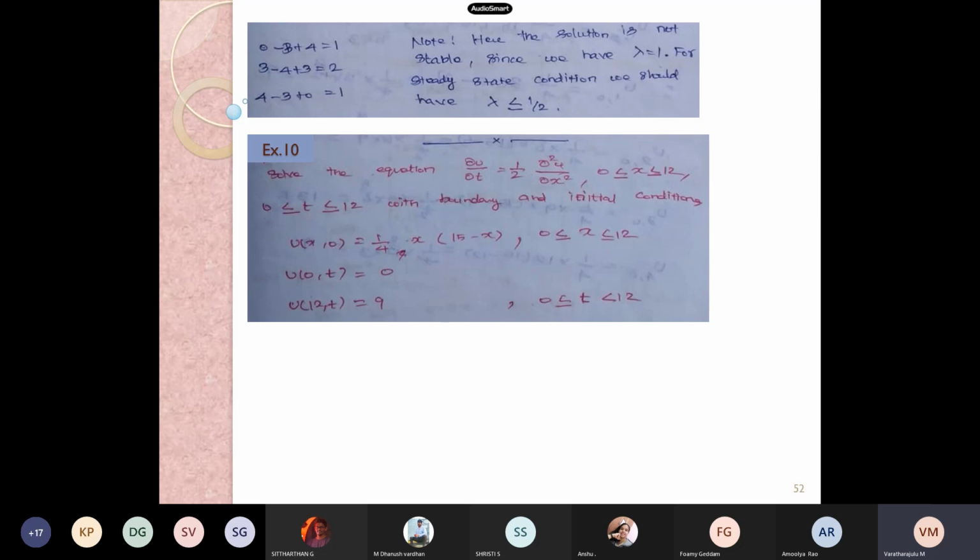Good. If h and k are equal to 1, then how many iterations do we need to carry out to reach the last boundary?